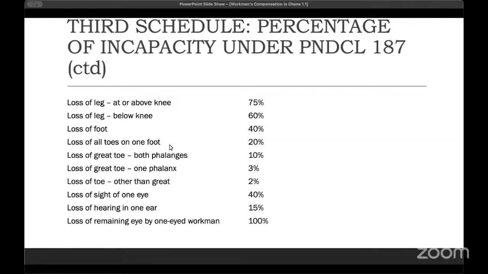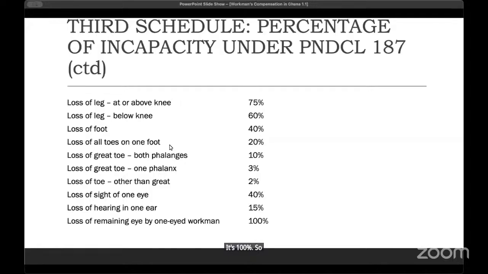Loss of remaining eye by one-eyed man, 100%. Loss of hearing 1 year, 15%. Loss of sight of one eye, 40%. You see, so if loss of sight of one eye is 40%, but loss of remaining eye by one-eyed man is 100%.